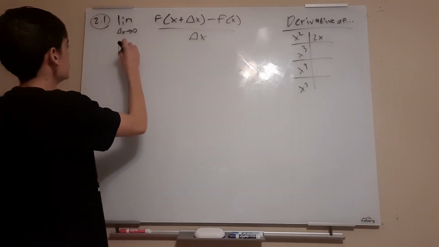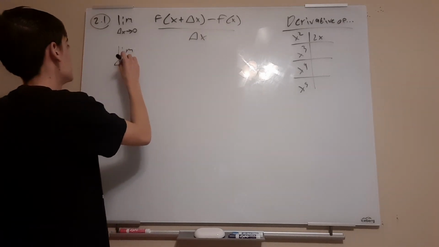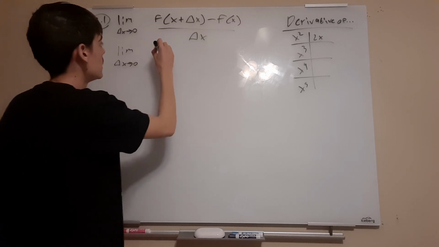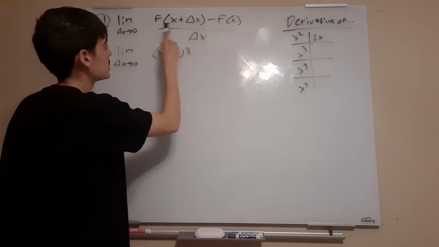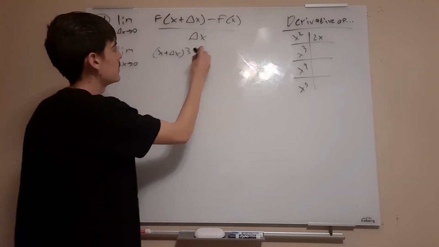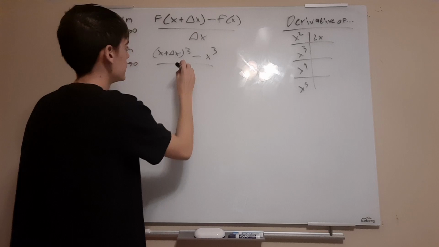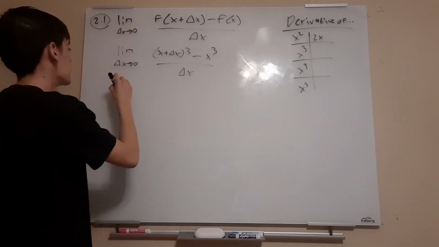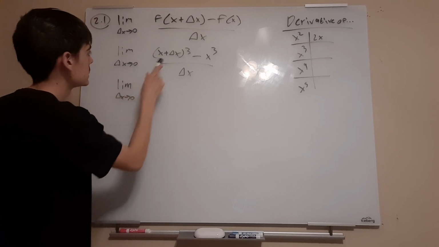So this time we're going to find the derivative of x cubed using this limit. So we have the limit of delta x approaching 0 of x plus delta x all cubed. That's our f of x plus delta x. Then minus f of x means we're going to subtract x cubed. And then it's still all over delta x. Now at this point we're going to have some not as neat expanding to do, where we expand this cube term.